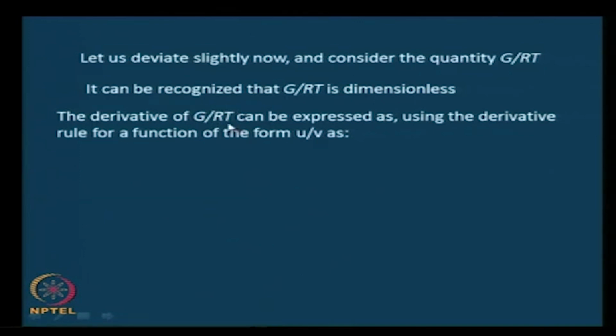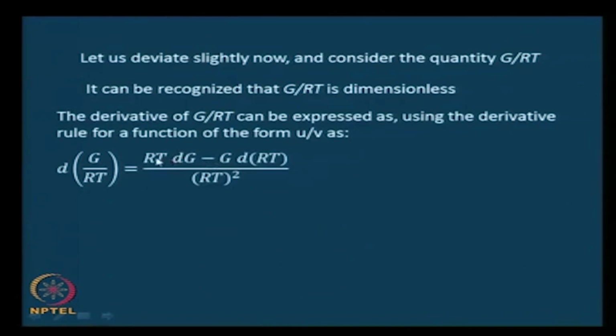R of course is a constant, but G and T are variables, and it is of the u by v form, and therefore, the total derivative of G by RT is nothing but the denominator function into the derivative of the numerator function, minus the numerator function into the derivative of the denominator function, divided by the denominator function squared.